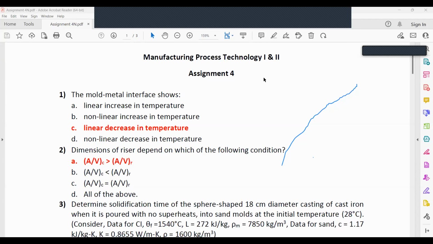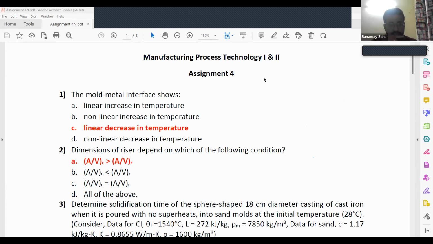In the first one, linear, the temperature decreases when we pour the hot liquid, but the mold is hot, then automatically there is a rise in temperature, na, sir, in the mold cavity. How should it rise? The temperature of the molten metal is always decreasing with time, right?